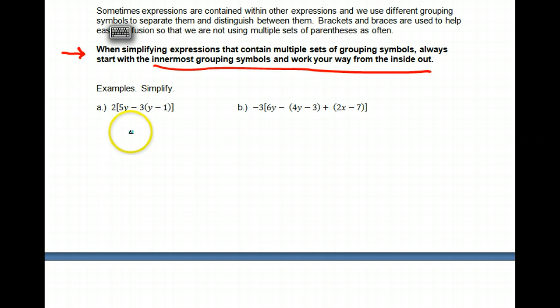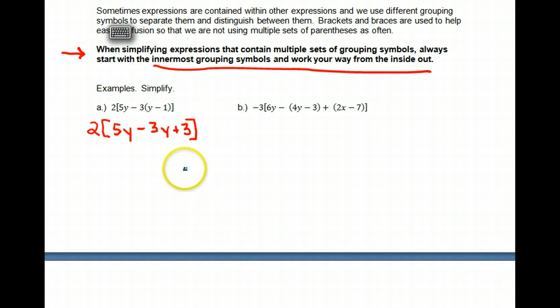So everything else is just simply going to come on down into the next line. So we're going to bring down the 2, the bracket, the 5y, and now we're going to distribute our negative 3. So negative 3 times y makes negative 3y, and negative 3 times negative 1 makes positive 3.